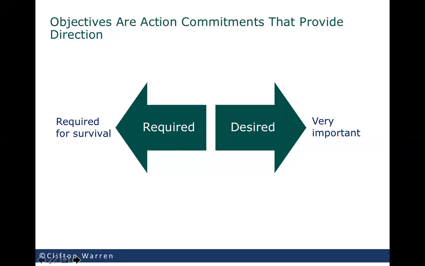And secondly, when you look at the things that are nice to have, choose the ones that are very important to help you achieve your sales plan along the way. All right. So that's how you get down to choosing just a handful of objectives you're going to focus on. They're either going to be required for survival or desired, very important.